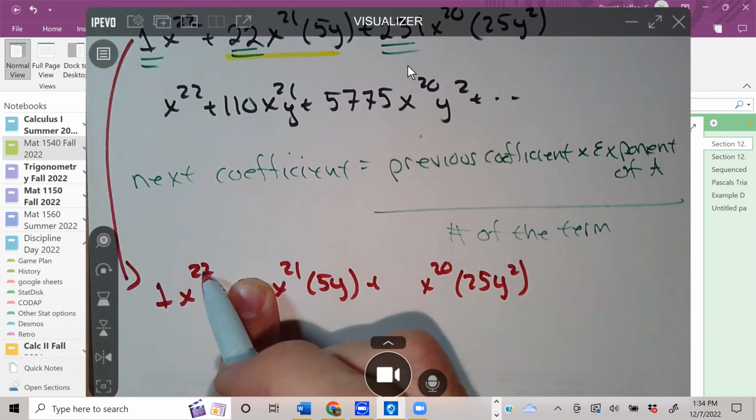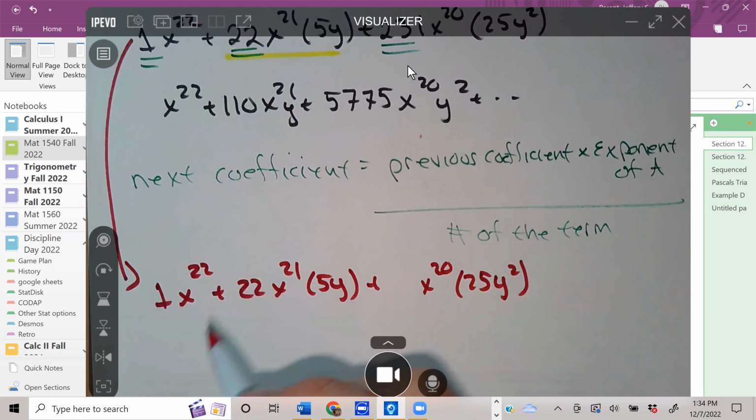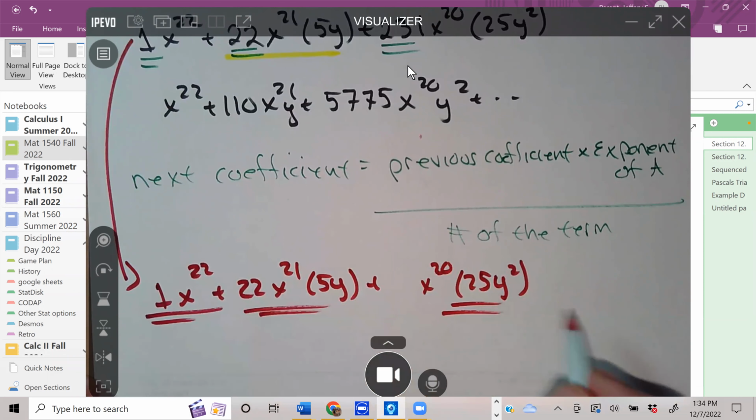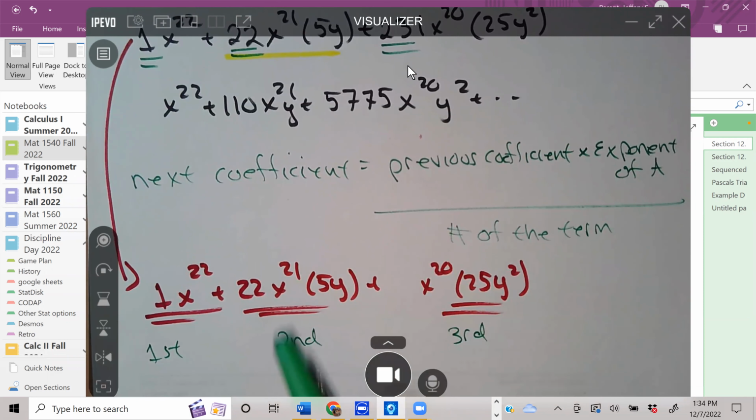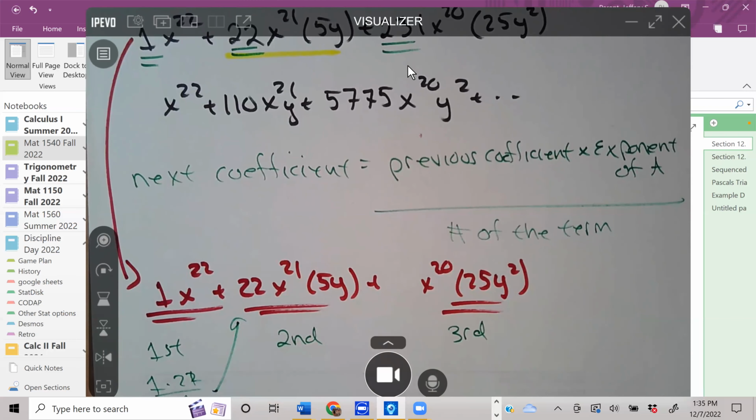So 22 times 1, divided by the number of the term. Well, this is your first term, this is your second term, this is your third term. So the next coefficient is going to be 1 times 22 divided by 1.